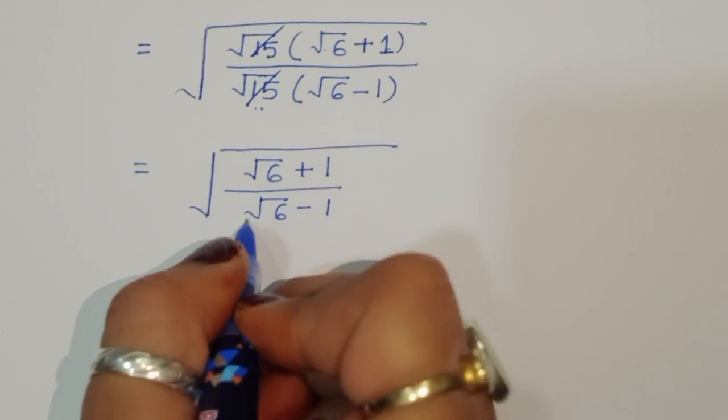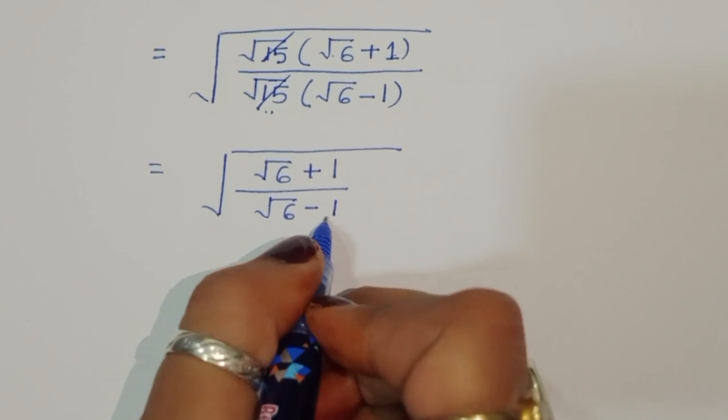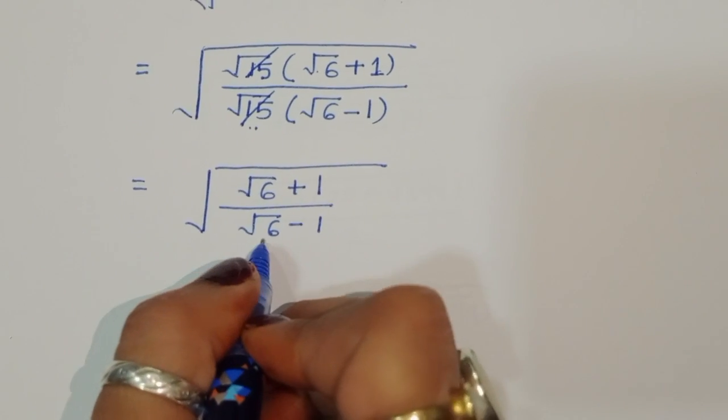Now we multiply with the conjugate pair of the denominator. The conjugate pair of square root of 6 minus 1 is square root of 6 plus 1.